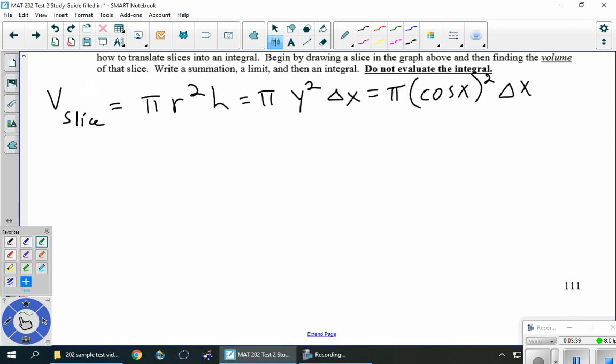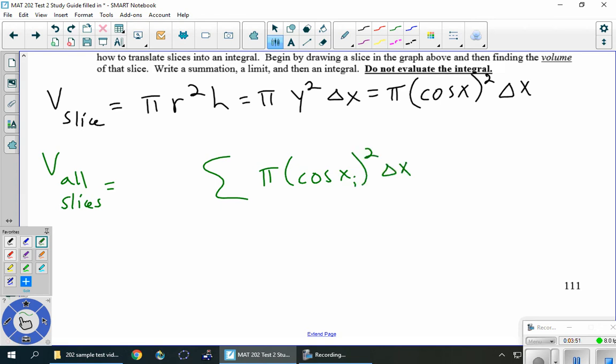We'll make it the volume of all the slices by leaving a little space and then doing a sigma. Then we're just going to copy everything, but the x's become x sub i's. Delta x never changes. We'll go from i equals 1 to n, and then we'd like to let the number of slices go to infinity. Once we've got it in exactly this form, we're allowed to convert to the integral.